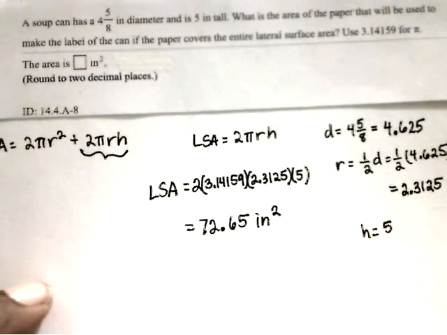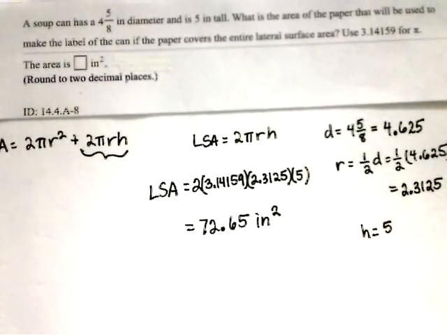So the lateral surface area for this soup can, which is the area of the paper that will be used to make the label on that can, will be 72.65 square inches.